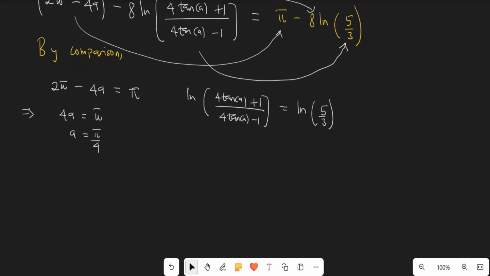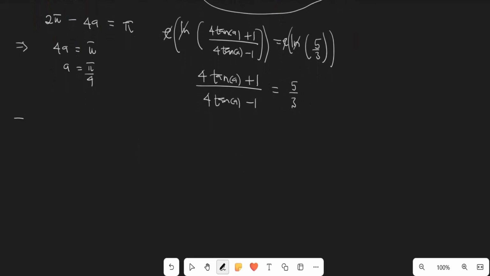In order to solve for a, we have to eliminate the natural log, so we take e on both sides. The e cancels the natural log, leaving 4 times the tangent of a plus 1 all over 4 times the tangent of a minus 1, which equals 5 over 3.